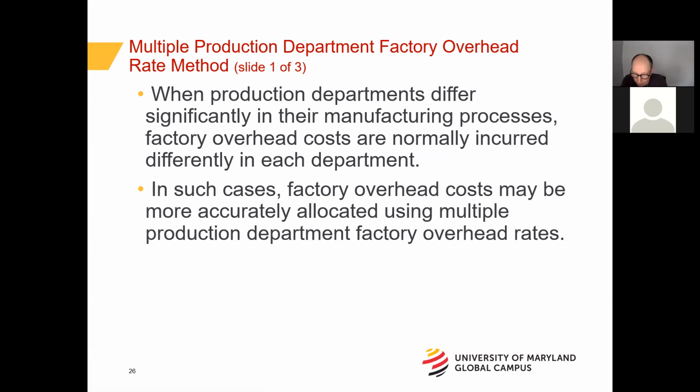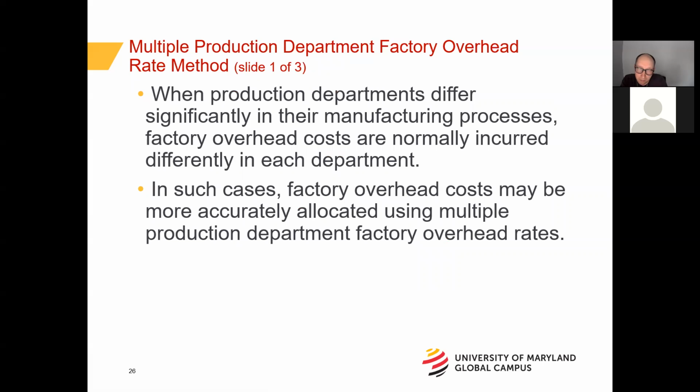Especially when we're talking about lawnmowers and snowmobiles, because the way the hours are allocated is going to be different. Although they both take 10 hours to create a single unit, that 10 hours is going to be divided differently, which we're about to see through the multiple department method.